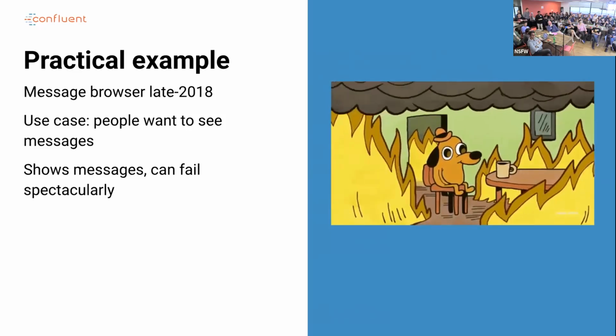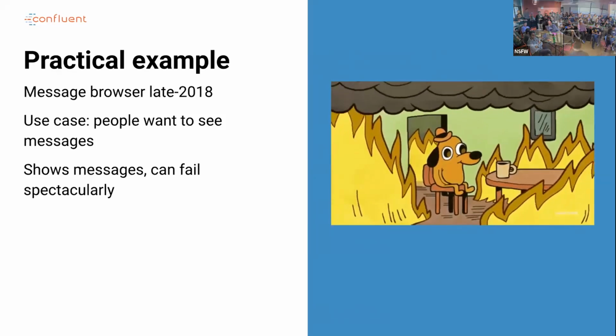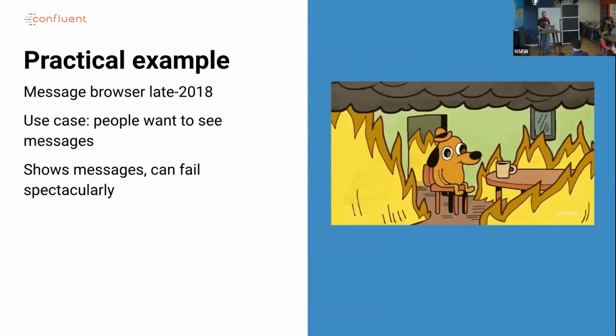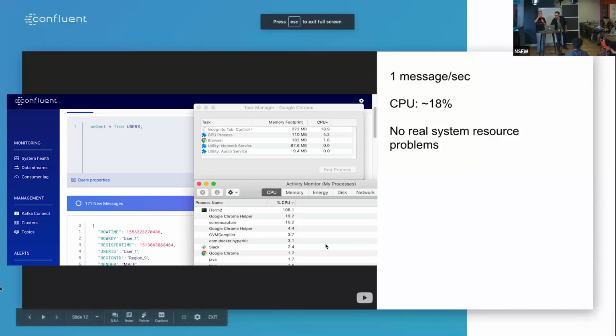And this can fail absolutely spectacularly, which I actually hadn't known about until we started doing this. Basically you have a bunch of messages that you update depending on how they show up.